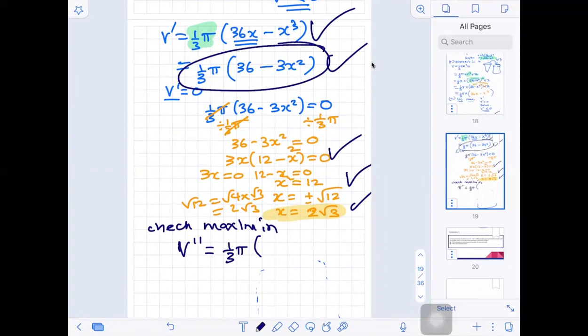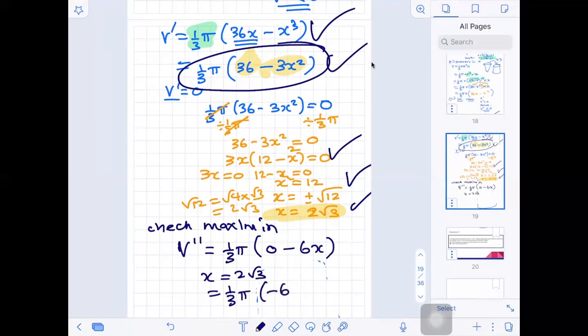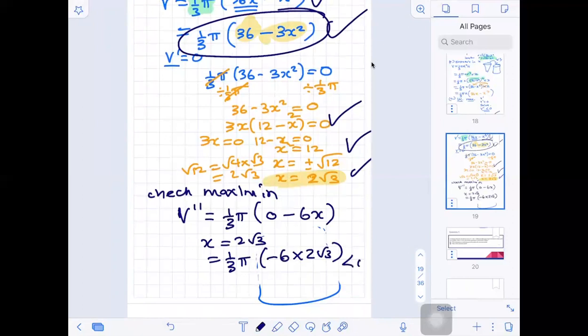Now when you differentiate 36, 36 is a number, so it goes to 0. And then minus 3x squared will go to minus 6x. So if you put in x equals 2 root 3, that's 1/3 pi times minus 6 times 2 root 3. That's minus 12 root 3. We can see that this is negative, so therefore it is a maximum at x equals 2 root 3.